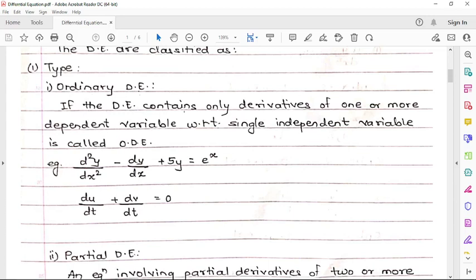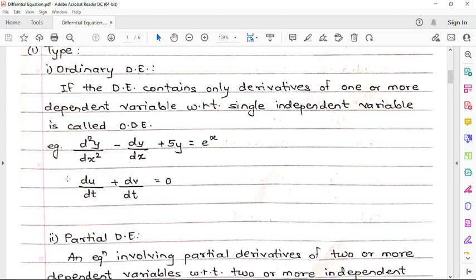If the differential equation contains only derivatives of one or more dependent variables with respect to a single independent variable, it is called an ordinary differential equation. Here you should underline two phrases: one or more dependent variable and single independent variable. So the independent variable must be single, that means one, while there may be one or more dependent variables.